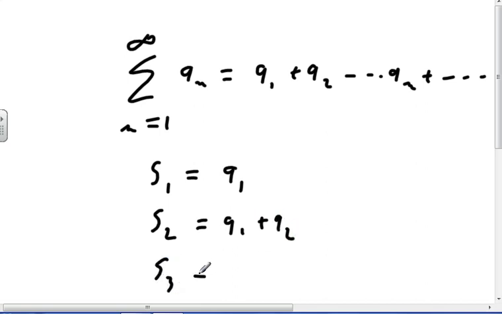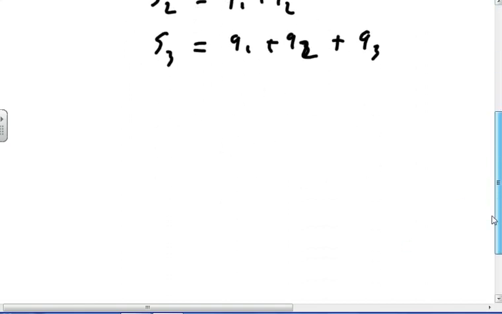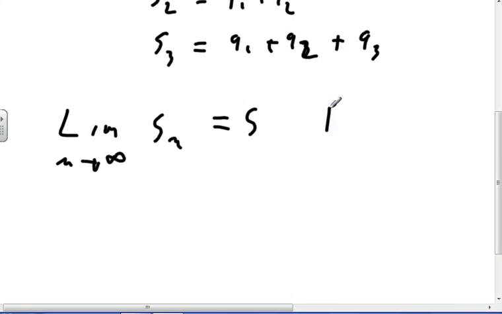The partial sum of the first three terms, a1, a2, a3. If I take the limit as n goes to infinity of that partial sum, and it's equal to some value s, a finite value, then we say that this converges.